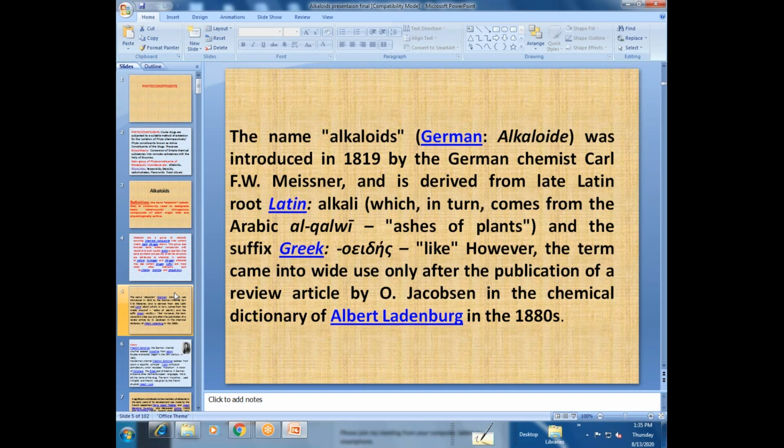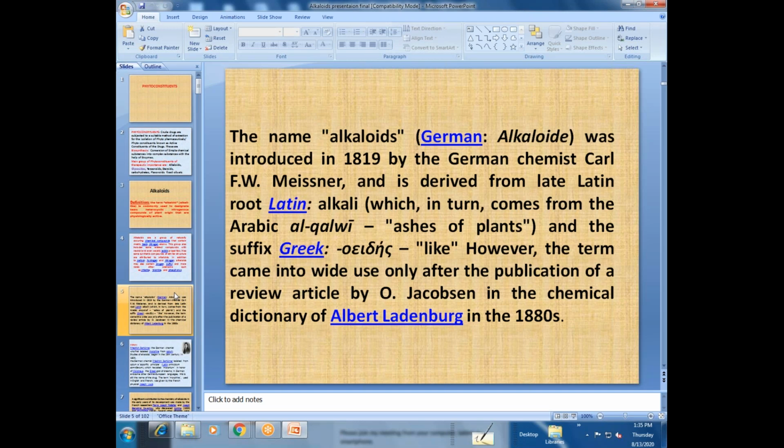Alkali-like substances. However, the term came into wide use only after the publication of a review article by Jacobson in the Chemical Dictionary of Albert Ladenburg in the 1880s.